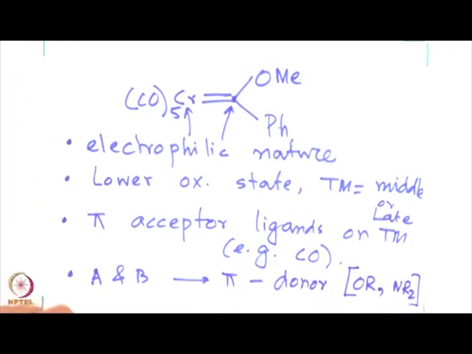So, as you have seen with the Fischer carbene, this is an example where you have a chromium complex of a pentacarbonyl species, and the methoxide and phenyl are attached to the carbene carbon center. Now, chromium is directly associated with a pi acceptor ligand. The carbene carbon center is associated with an L type ligand, which is the pi donor ligand.